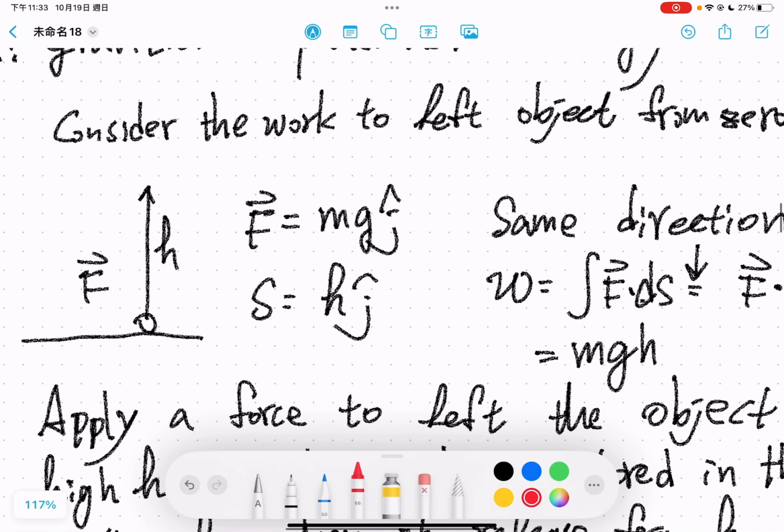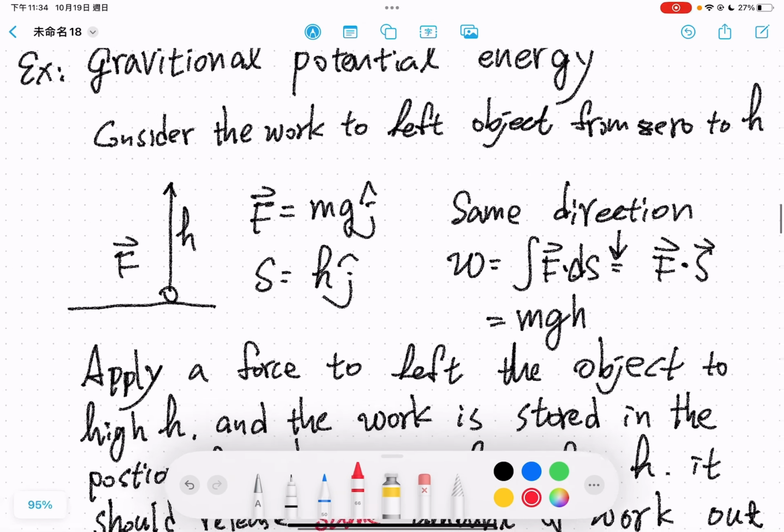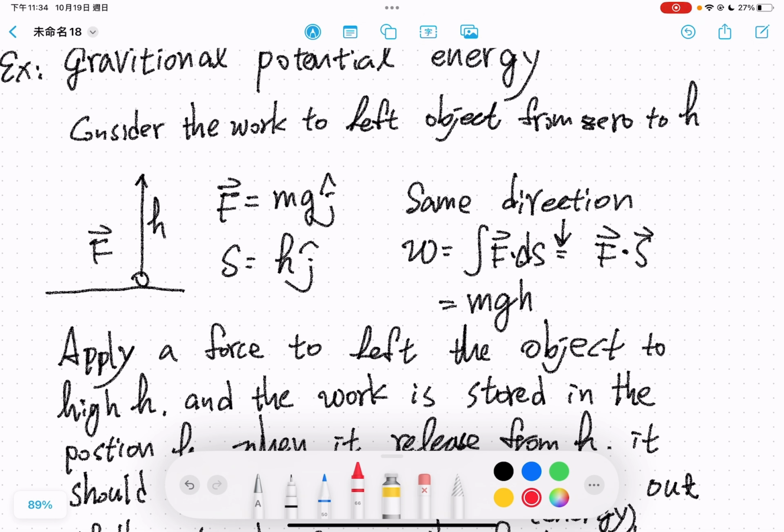So if we have the object originally at the 0 point, then we use a force to lift the object from 0 to the edge. The force itself must act against gravity.